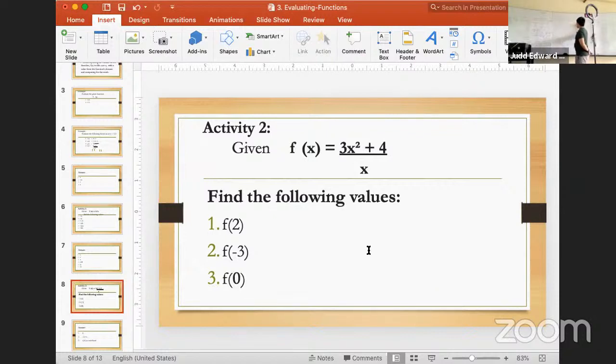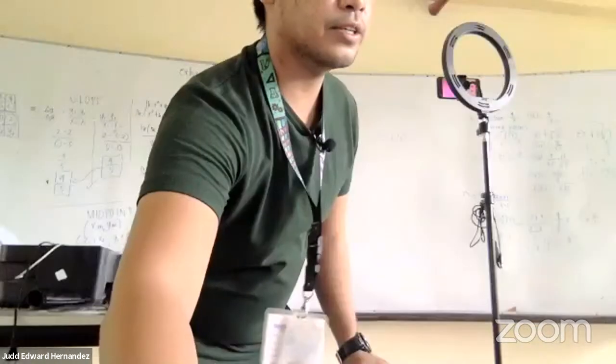And for C, we're asked to find f of 0. Okay, so we are given 3 questions. And for these 3 questions, we're asked to evaluate the function f of x equals 3x squared plus 4 over x when x is 2, x is negative 3, and x is equal to 0. Okay, so let's try to answer this one.